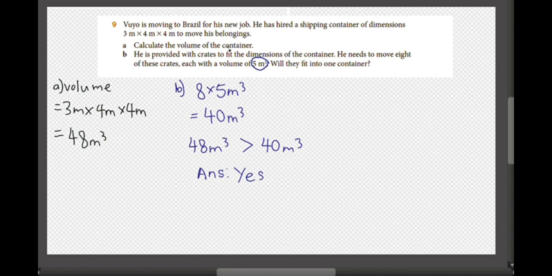Now, the total volume of the container is 48 meters cube, and the total volume of 8 crates are 40 meters cube. Now 48 meters cube is larger than 40 meters cube. So the answer is yes. He will be able to fit 8 of these crates into one container.